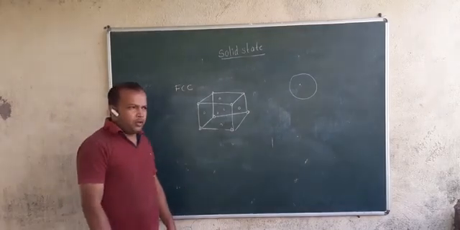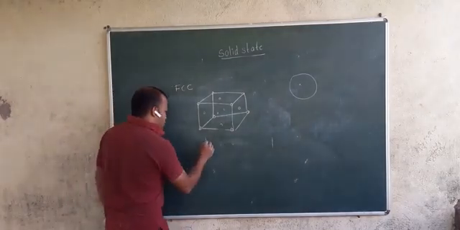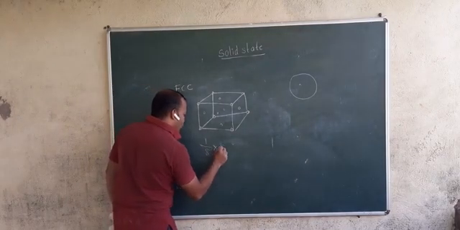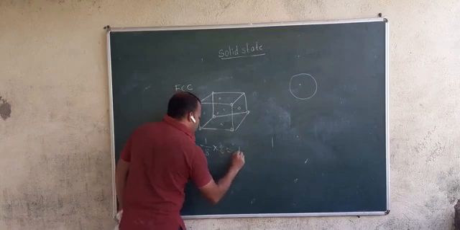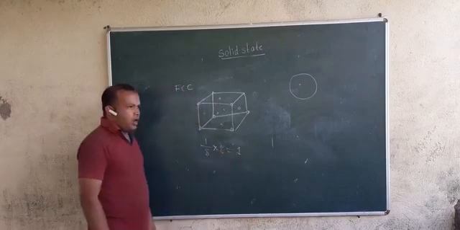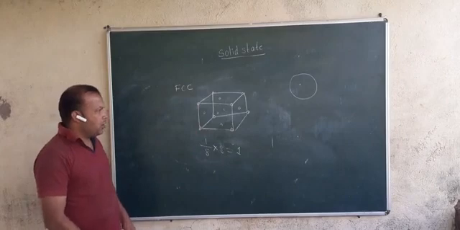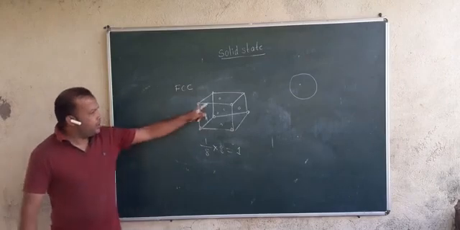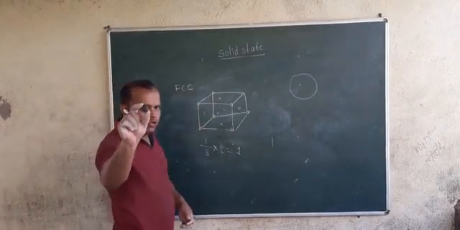As you know, at the corners that is 1/8 of 8, that is 1. And on a face, suppose this is the upper face.